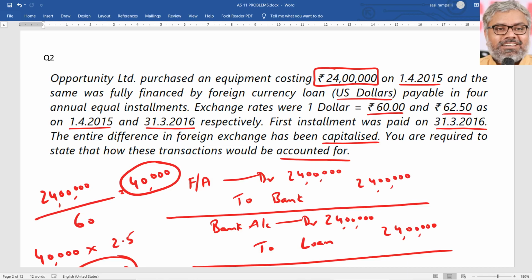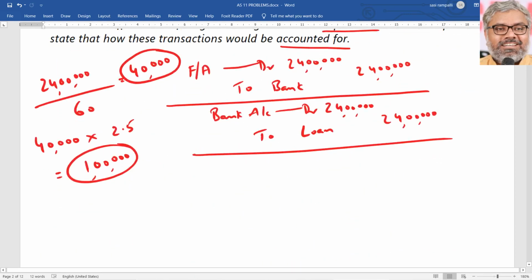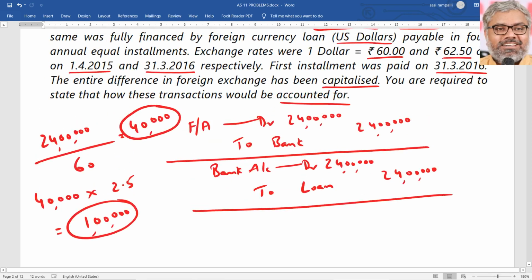But definitely one point for sure is, this 1 lakh has been decided to be capitalized by this company.